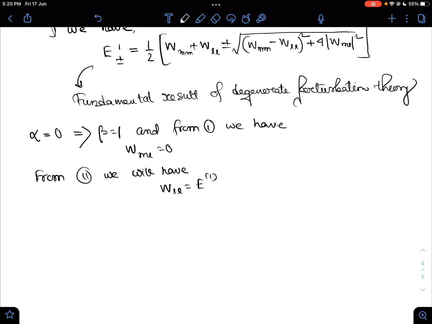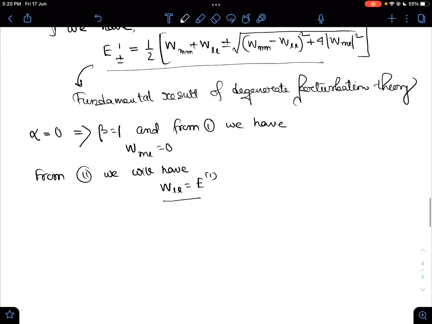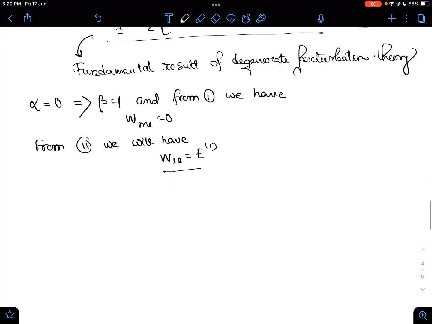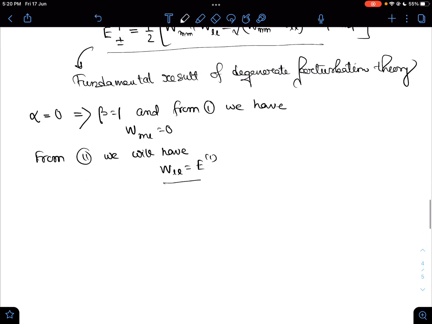If you notice carefully, this one is included in this general result with the minus sign. So now let us calculate E1 plus and E1 minus.